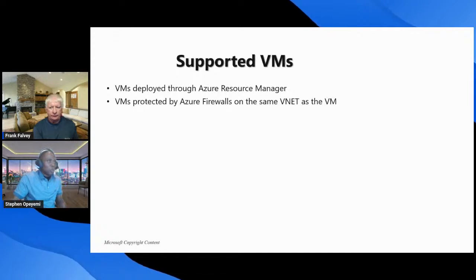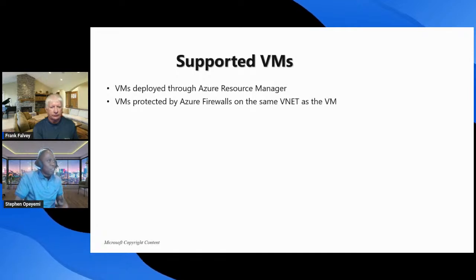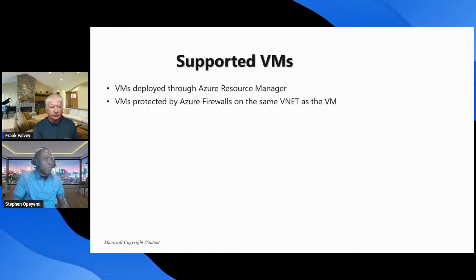Supported VMs are VMs deployed through Azure Resource Manager, and VMs protected by Azure Firewall on the same VNet as the VM. So whether it's a VM you deploy through Azure Resource Manager, just in time can be applied on it, or a VM protected by Azure Firewall on the same VNet.